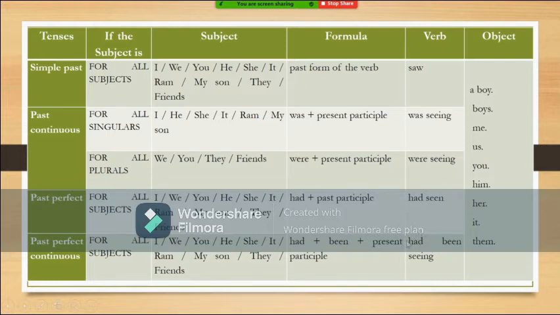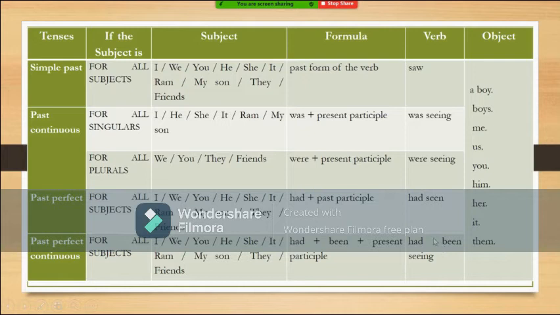In perfect tenses, to indicate past tense we use had. Then for perfect, you have to use the past participle. Can we use seen? Seen is the past participle form for see. Can we say seen seeing? No, it should not be said or written like that. So what should we do? We must take the helping verb. What is that helping verb? Be form verb.